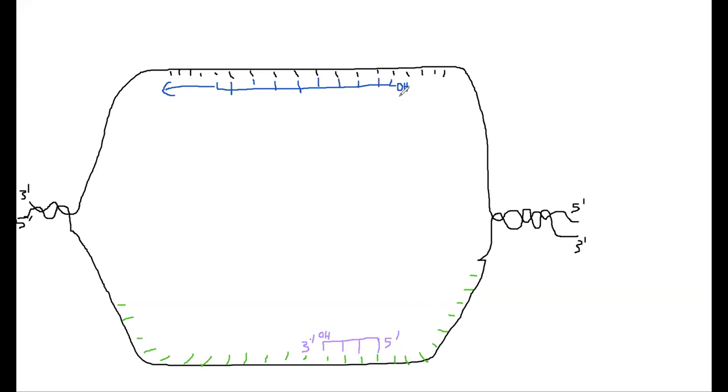Oh, I've done this the wrong way around. Yes, thank you for picking that up. So let's get rid of that. There you go. Hydroxyl group goes in this direction.